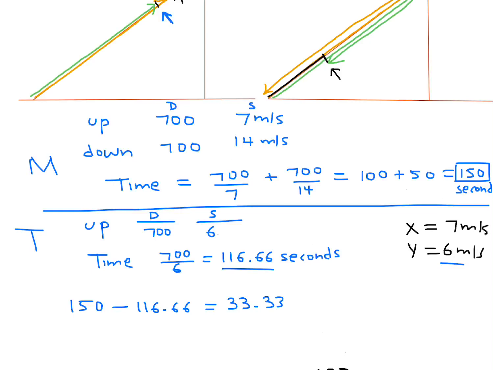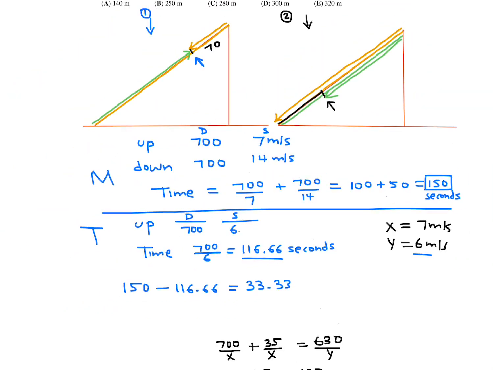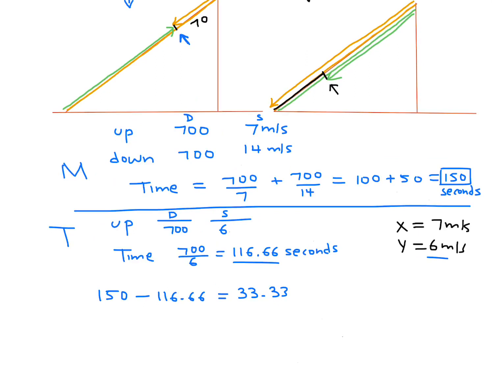Because Maria traveled up the hill and back down in 150 seconds, and when she came all the way back down, Tony had only reached this point right here. But it took him 116 seconds to get all the way to the top, so the remaining amount of time is how much time it took him to get to that point.